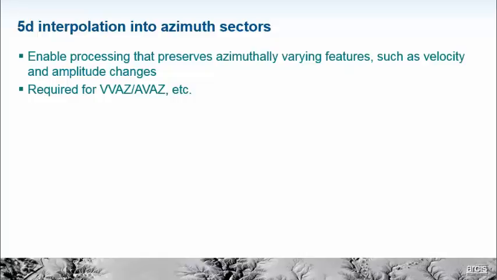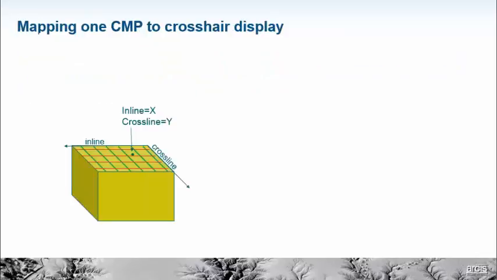And the features that we typically are concerned with are velocities and amplitudes. And it follows that this kind of careful azimuth compliant, if I may use that term, processing is required for downstream processes like azimuthal velocity work and azimuthal AVO work for PP data.